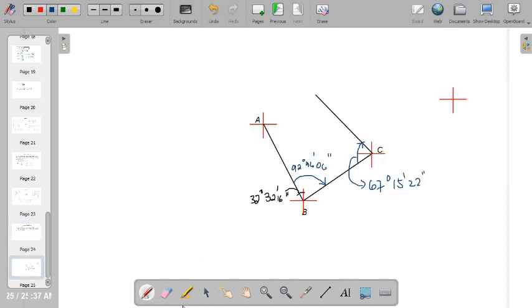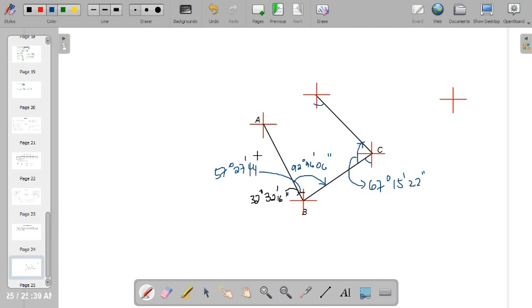Now we get the CD. What is the line CD? Before that we are going to take the angle BC. We need that angle, so get the angle BC first. We simply have to see how many more angles we need to get to 90 degrees.